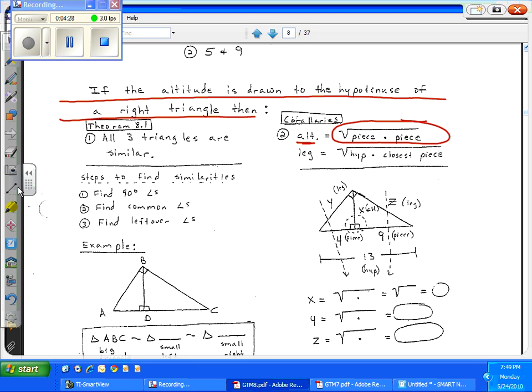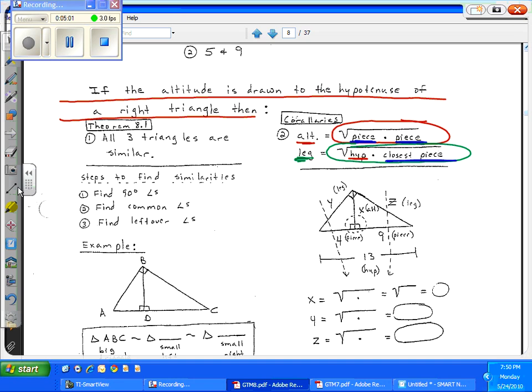Multiply and take the square root. The altitude is the geometric mean between the two segments of the hypotenuse, or the two pieces of the hypotenuse, and either leg is the geometric mean between the hypotenuse and the segment of the hypotenuse adjacent to that leg. In other words, the hypotenuse and the piece closest to it, adjacent to, closest to, next to.